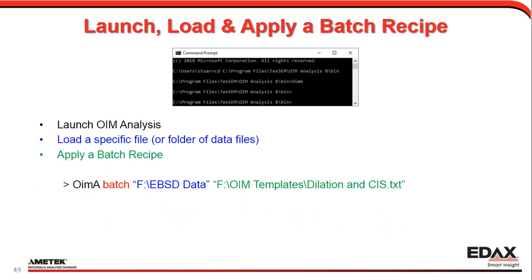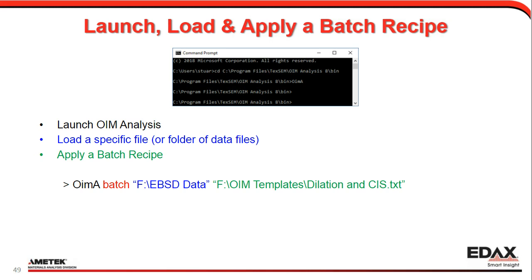You can do a batch recipe. In this case, you can load a file or you can load a folder of files. In my example here, it's a folder. So you say OIMA, use the keyword batch, the folder there in blue, and then in green, the recipe. I've created a recipe, and that's off the batch processor.